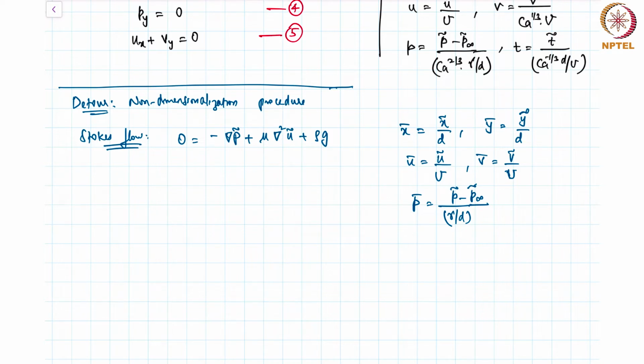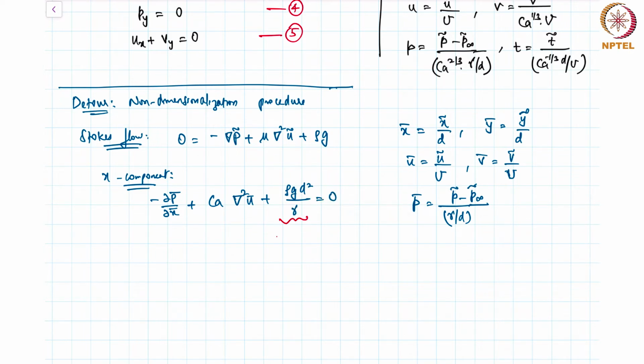If you substitute these variables into the equation, for the x component you would get something like this: minus del p by del x plus capillary number del square of u, these are all variables with a bar, plus rho g D square by gamma is equal to 0.